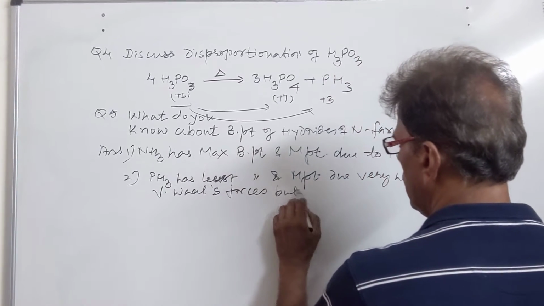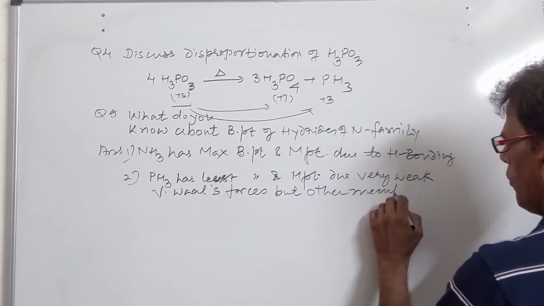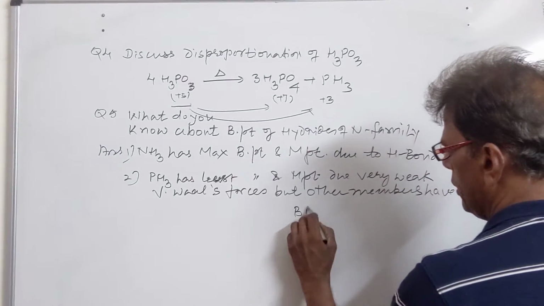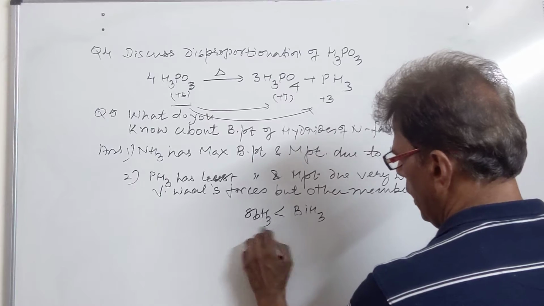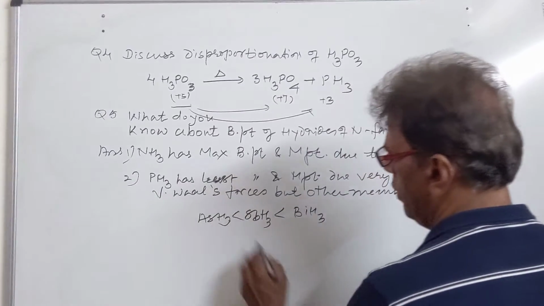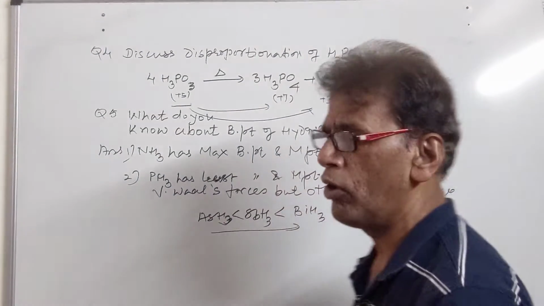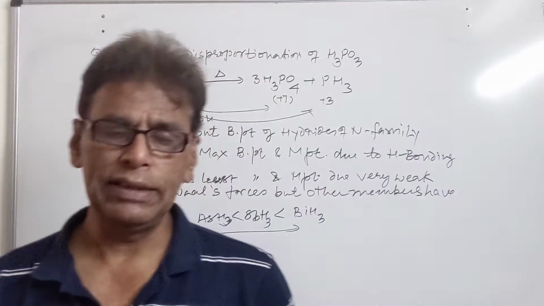But other members have order. BiH3 has maximum, then stibine, and it has more than AsH3 arsine. Because magnitude of van der Waals forces increases when we move from arsine to bismuthine, which increases the boiling point in the lower member.